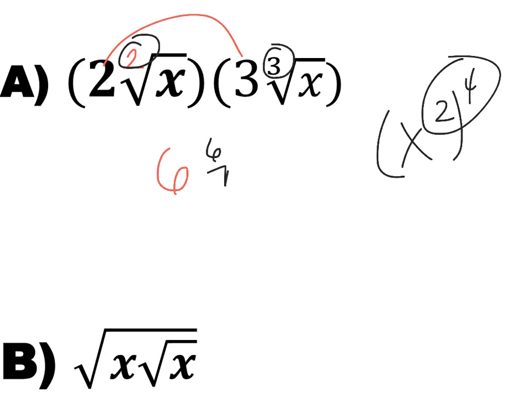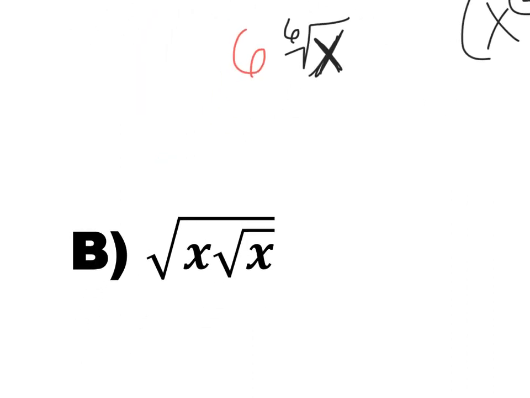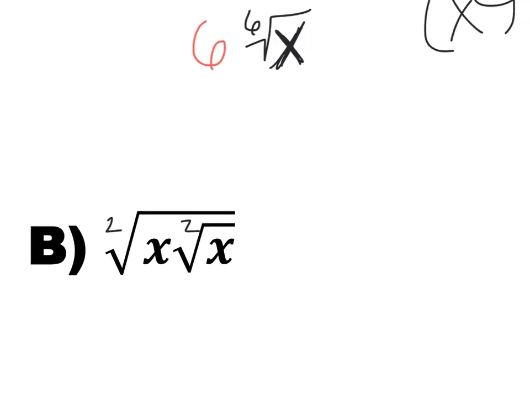So this becomes that. What about here? What's the little number that I don't see? 2. So this is really what? 4th root of x. Good.